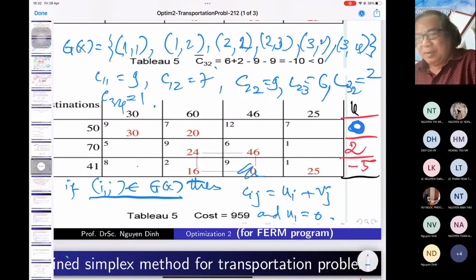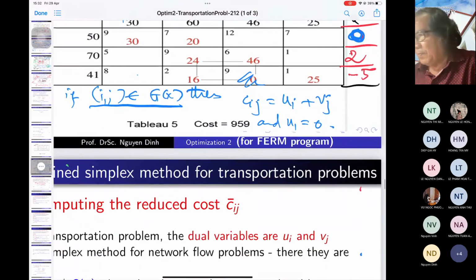First of all, 1,1 belongs to Gx. Is that okay? Then you have C11 equals U1 plus V1.